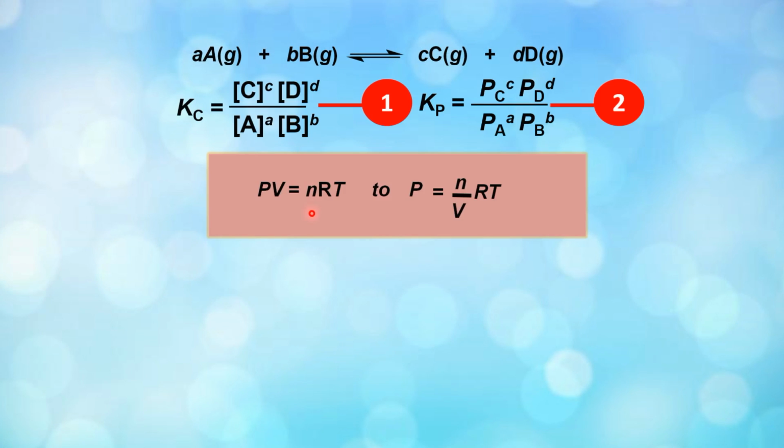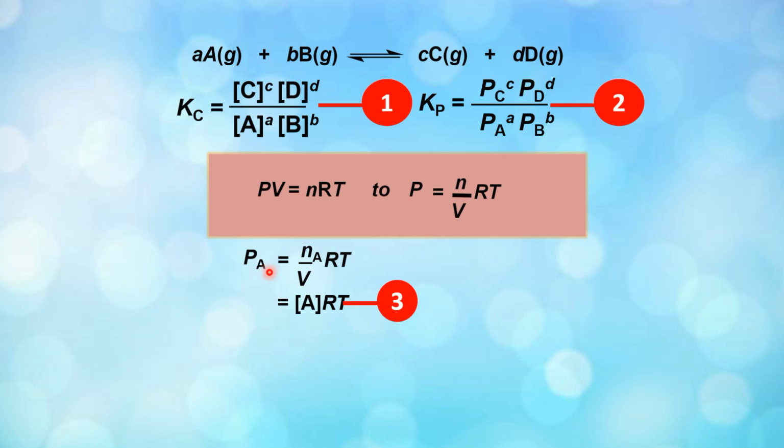By using the ideal gas equation, rearrange PV = nRT to P = (n/V)RT, where n over V is the molarity. In the Kp expression there are four partial pressures, and you have to relate each one to the ideal gas equation.